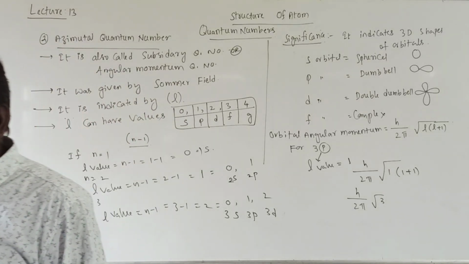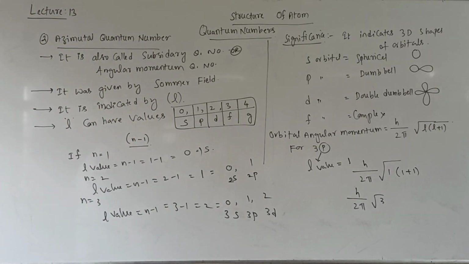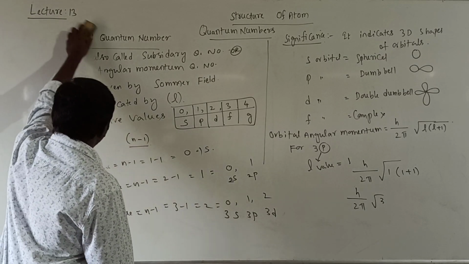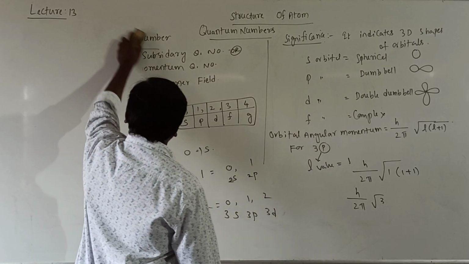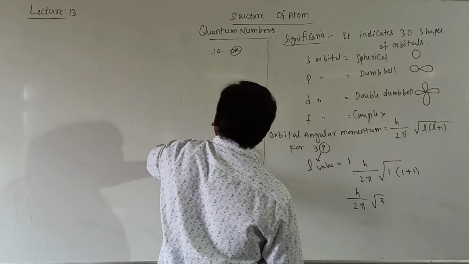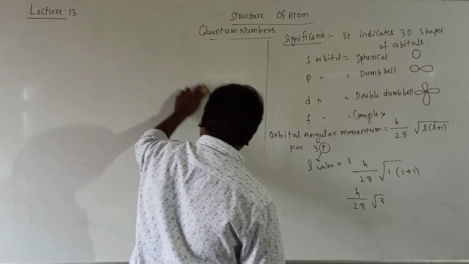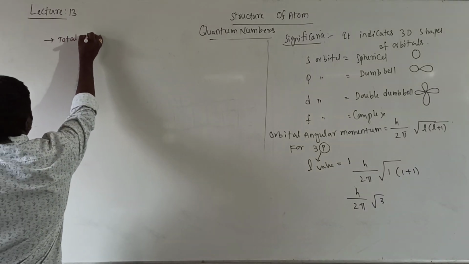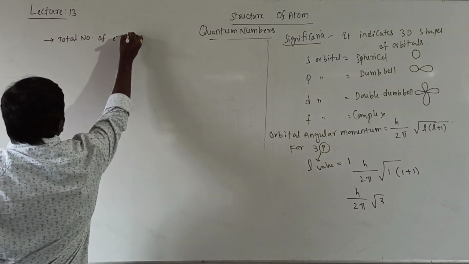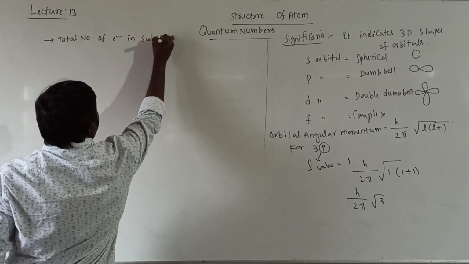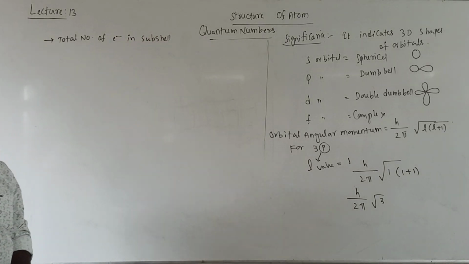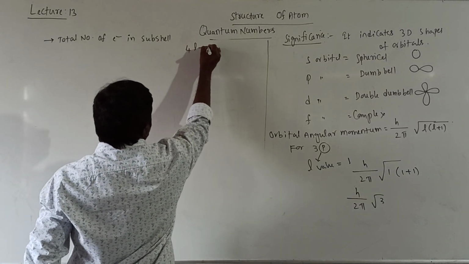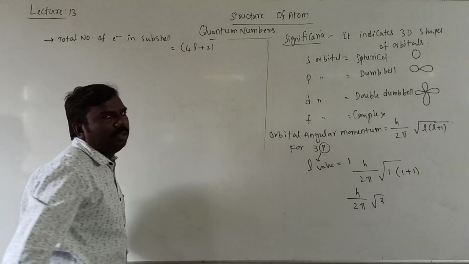Next, the total number of electrons in a particular subshell, not the main shell. The formula is 4l plus 2, if you know the l value.